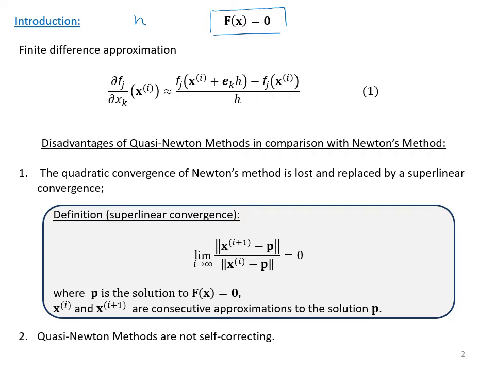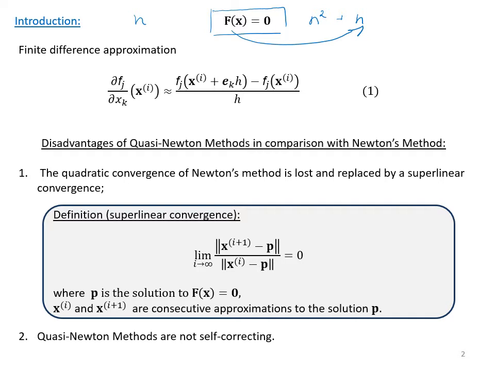In this particular case, in order to compute the Jacobian matrix, we need at least n squared partial derivatives of n component functions of our vector-valued function f.